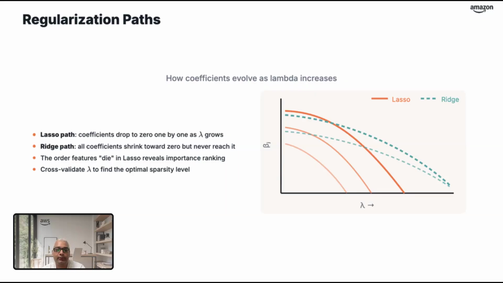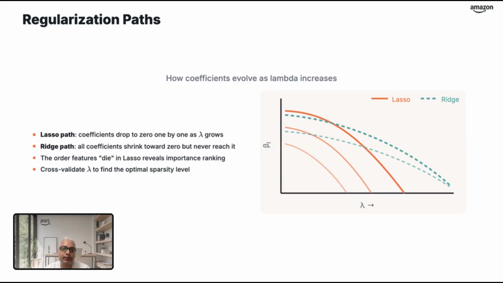For lasso, the coefficients drop to zero one by one as lambda grows, because we are giving more weightage to the lasso aspect, which enforces sparsity.